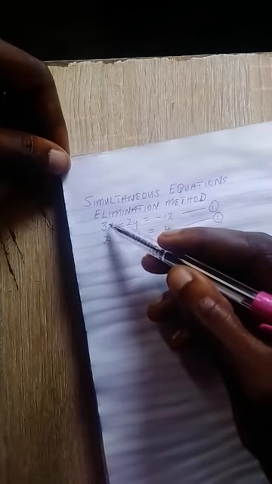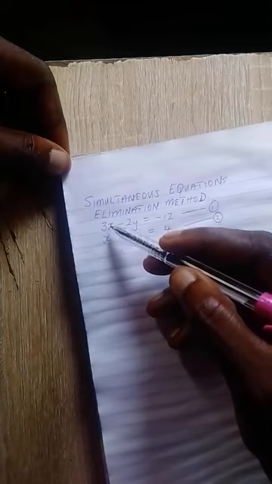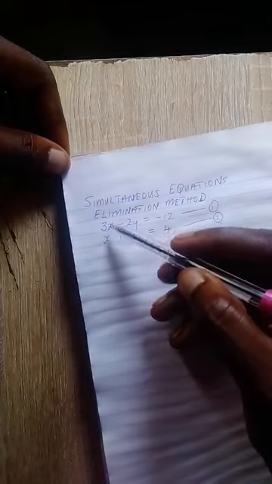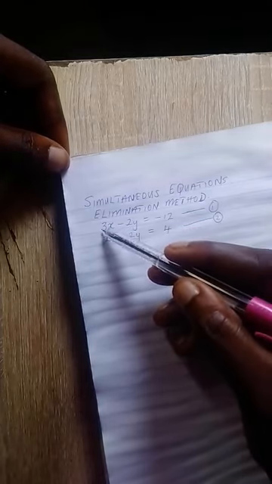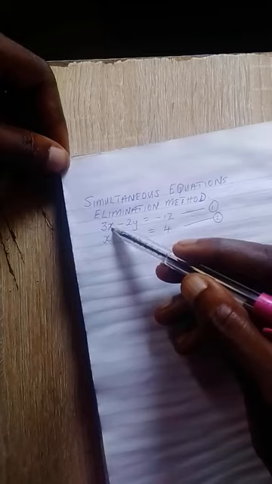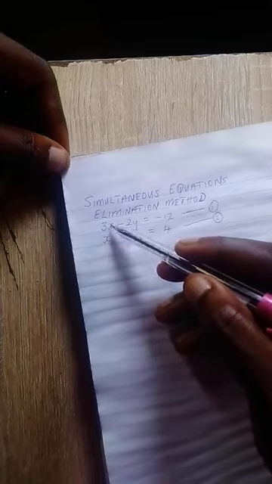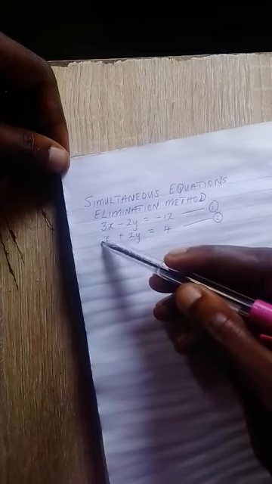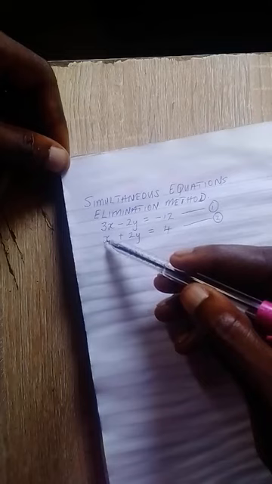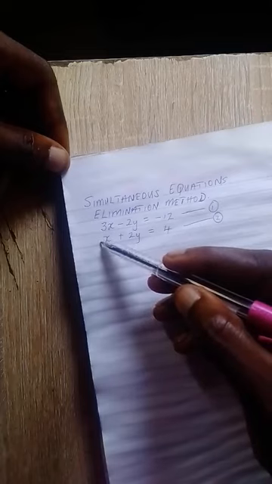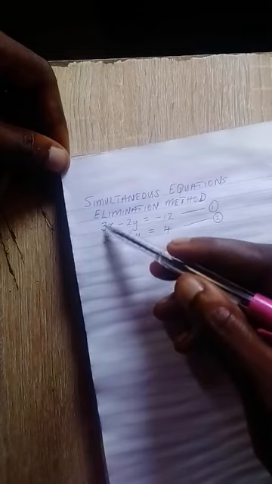If you choose to eliminate the x, you start by making sure that the coefficient, that is the number multiplying the unknown, in equation 1, 3, must be equal to the coefficient that's multiplying the x in equation 2. But these ones, they are not equal.